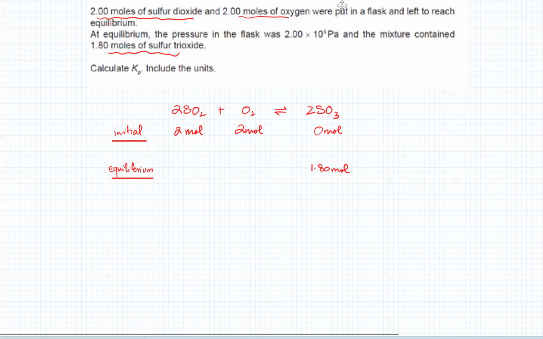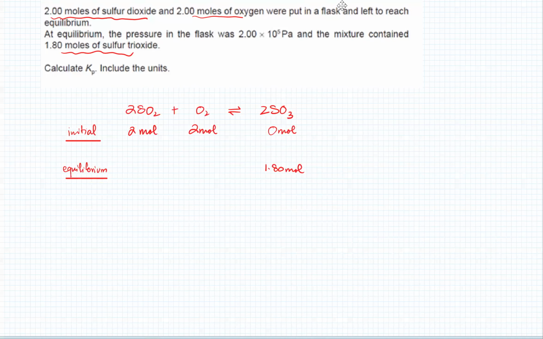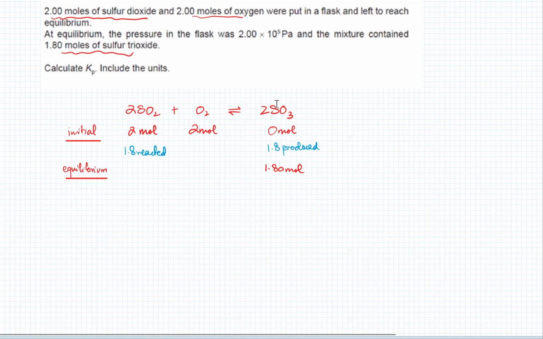So you started off with 0 moles, you've got 1.8, so that means 1.8 got produced, right? Now, according to the ratio, to produce 2 it's 2:2. So to produce 1.8, 1.8 must have reacted. And for O2 it's 2:1, so to produce 1.8, half of that must have reacted.